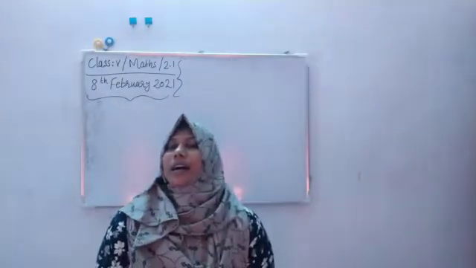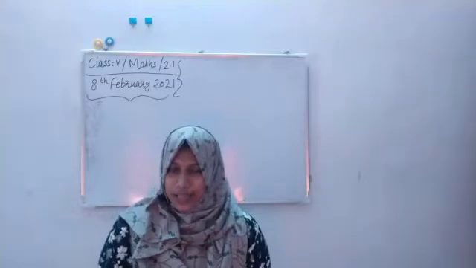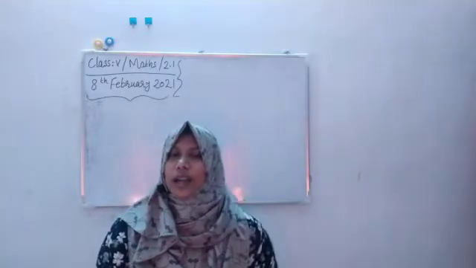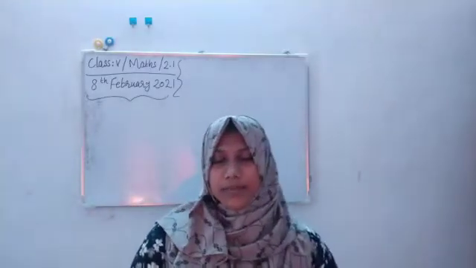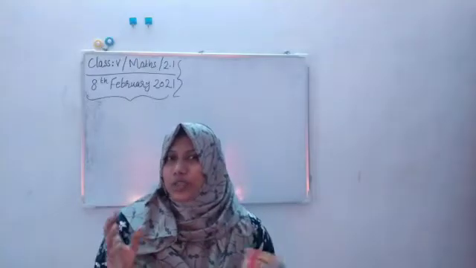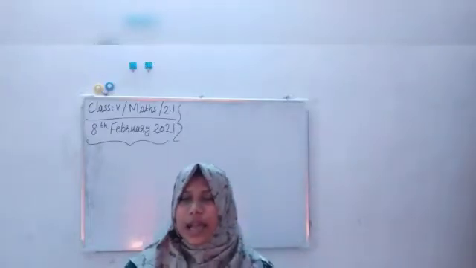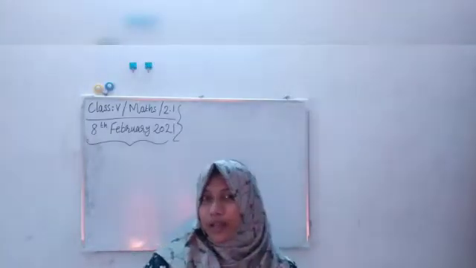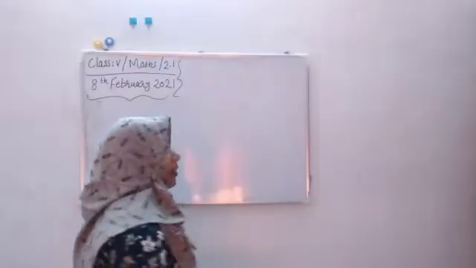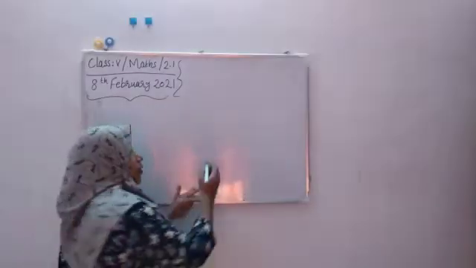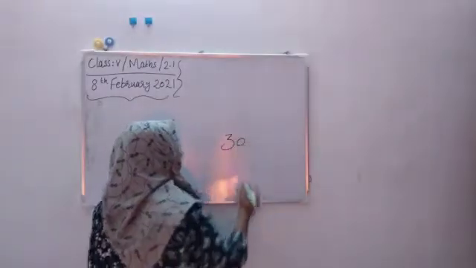So, in this chapter, in your second chapter, we are going to learn about profit and loss. As you know, these two terms are used daily, is it? So, this chapter is very applicable in our practical life. Suppose you buy a fish for rupees 30.